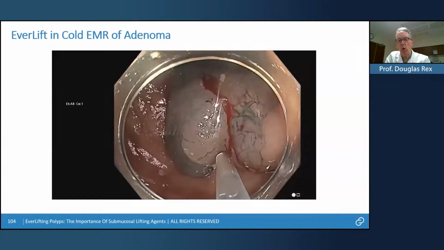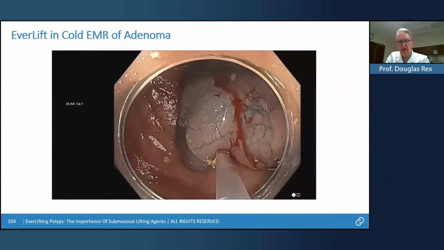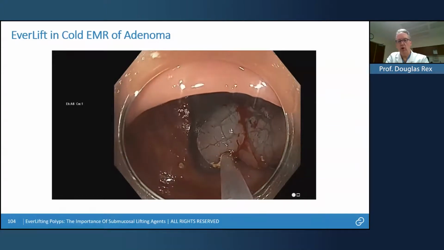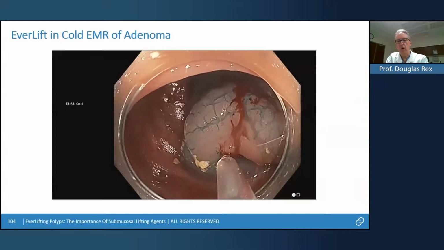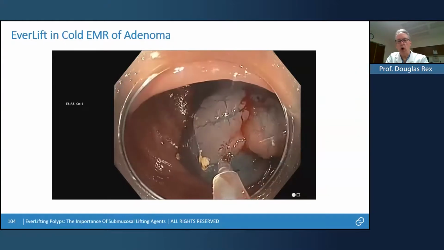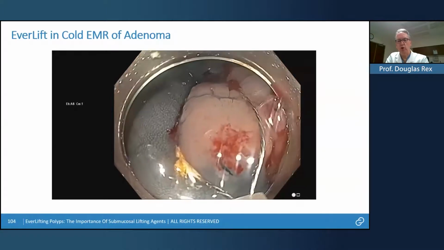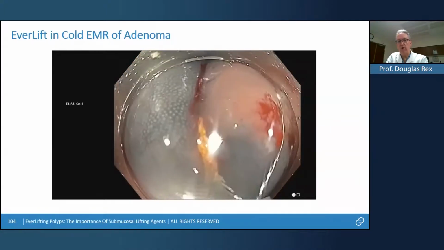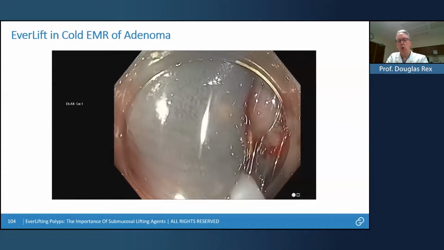When we start doing cold EMR of adenomas, we are seeing in the literature that the recurrence rate is higher. That's the downside of cold EMR for large adenomas. There are 2 randomized controlled trials that I'm aware of going on in the world comparing hot EMR to cold EMR.